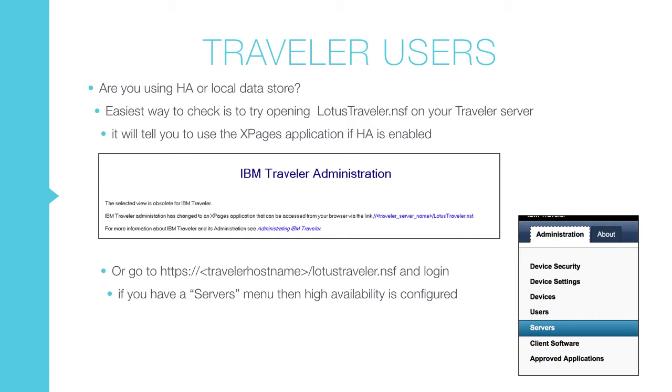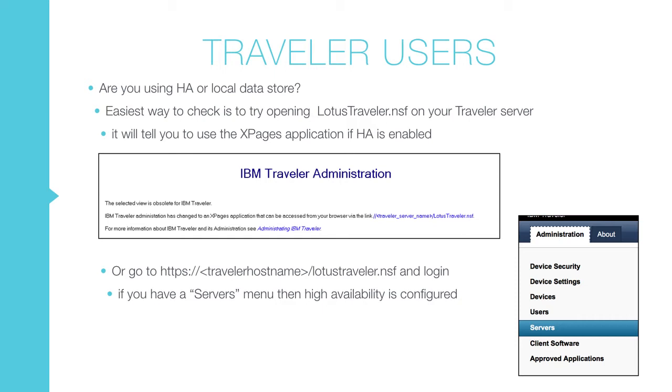So the easiest way to check is try to open the database, LotusTraveller.nsf, which will be in the root directory of your Traveller server. If you have HA enabled, it will tell you to go away and open the XPages application. It won't actually allow you to open the database and see the information. The other thing you could do is go to the URL of the Traveller server through a browser, lotustraveller.nsf, I'm hoping you're using HTTPS, and log in.